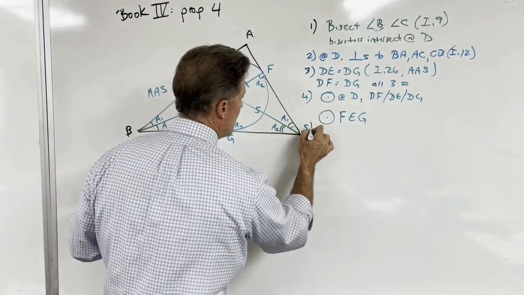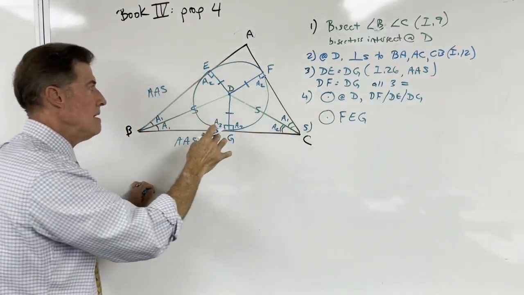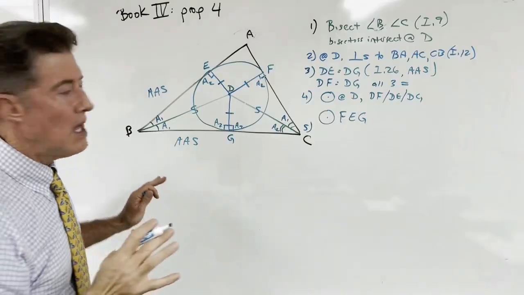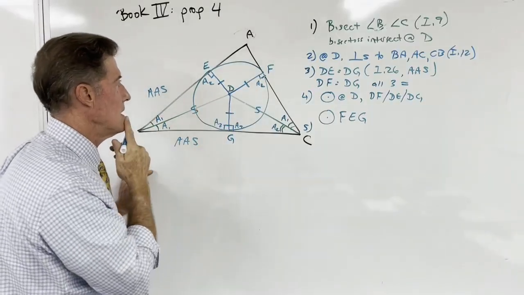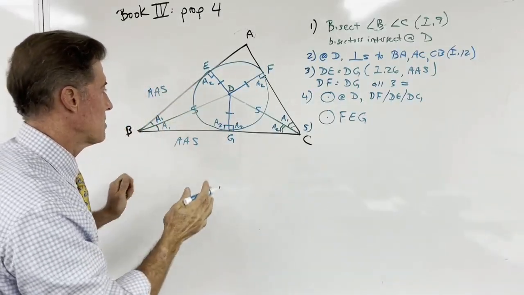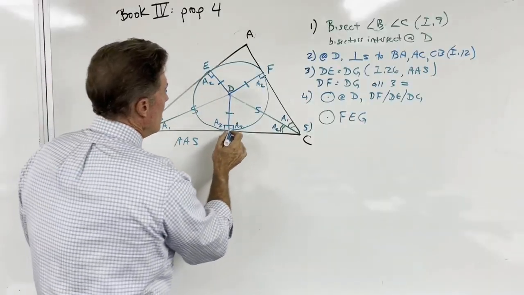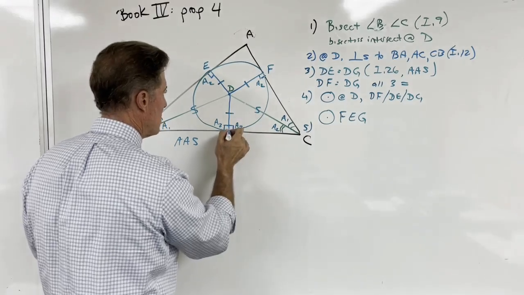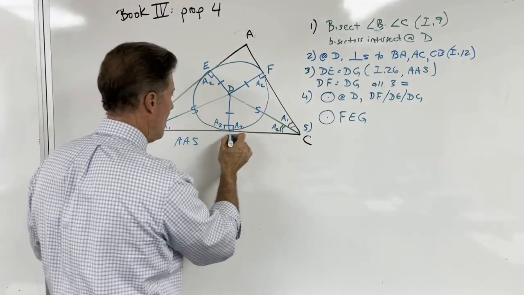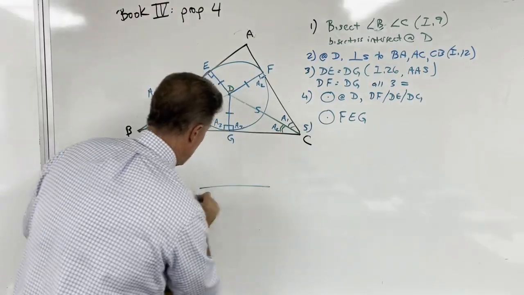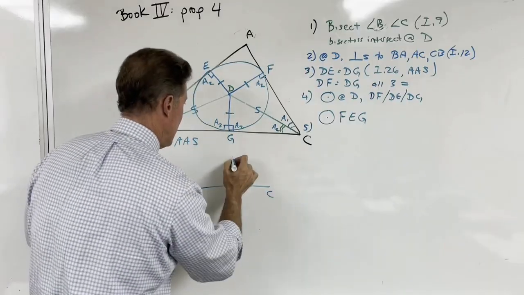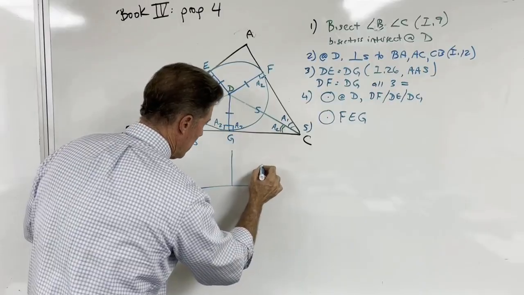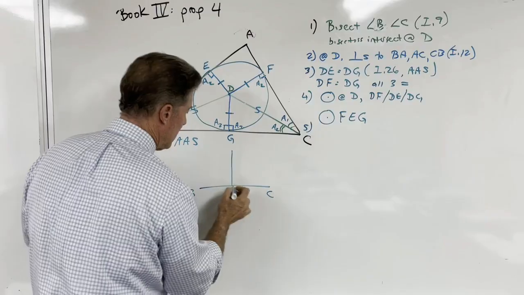Now, we just need to show that this circle FEG, the circumference touches each of these three lines. If it does that, then that satisfies our definition in Book 4 for inscribing a circle in a figure. So we need to look and see what kind of a relationship this circumference has to BC. Well, if we take BC here and we take DG, we're saying that the circle here is not going to cut this line.